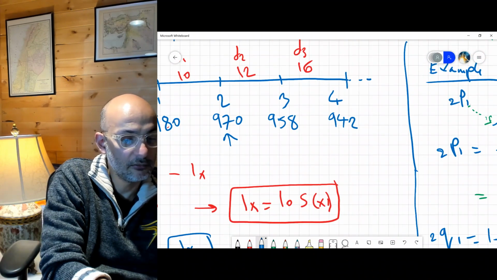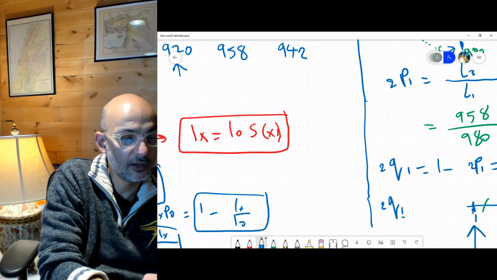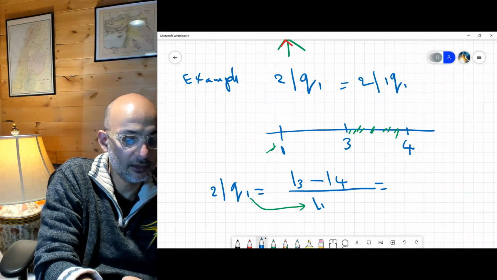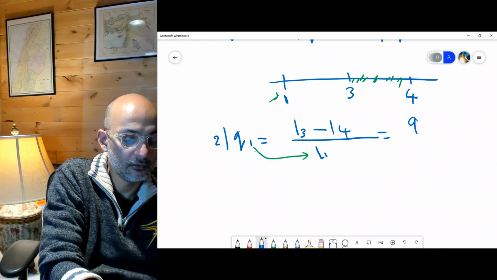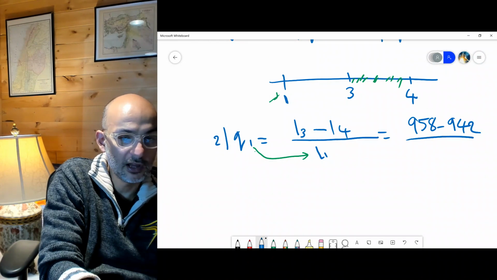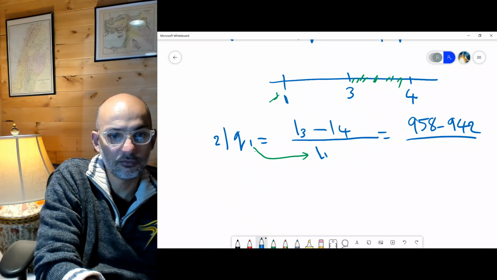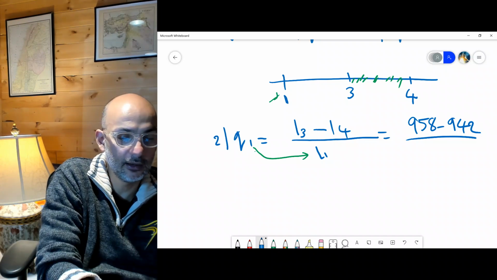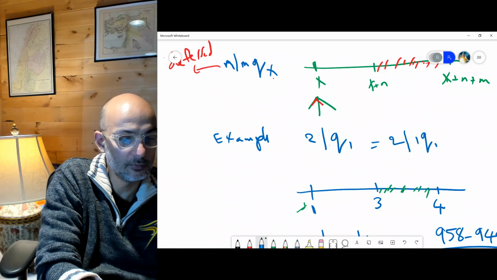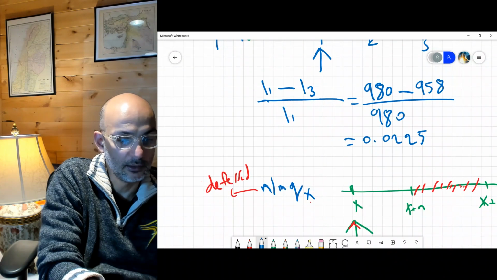l3 is 958 minus 942, 958 minus 942, divided by l1. We need to be careful about what we divide by, and l1 should be 980. Yeah, 980.